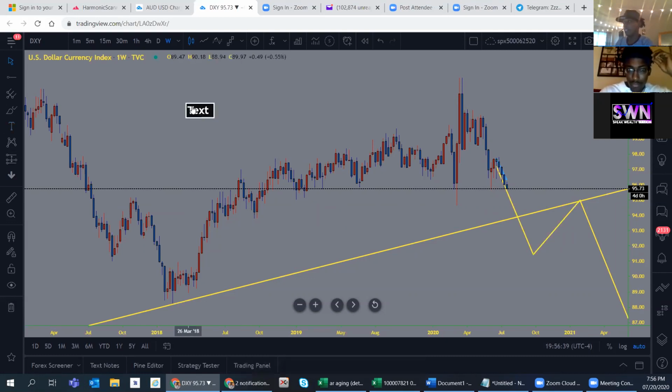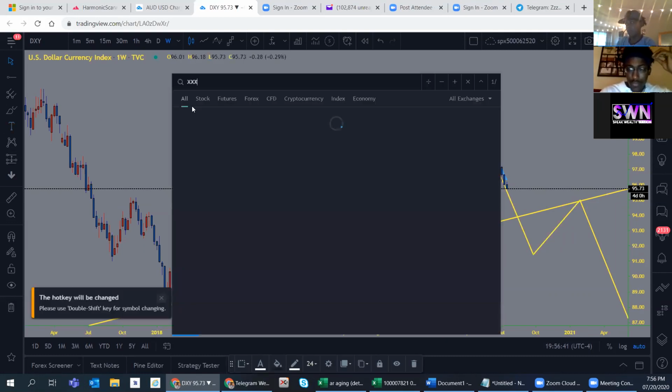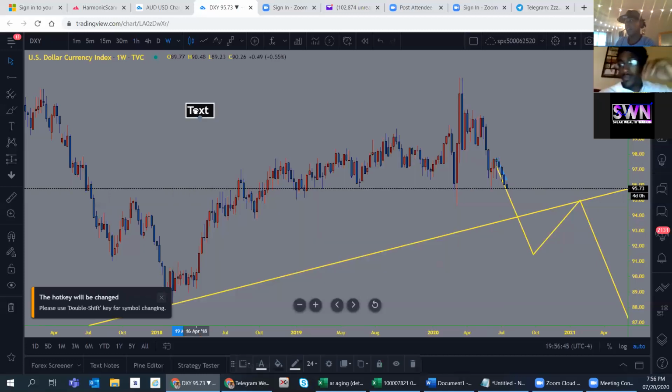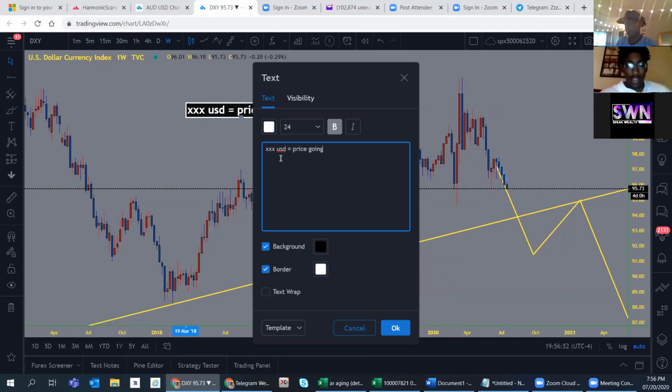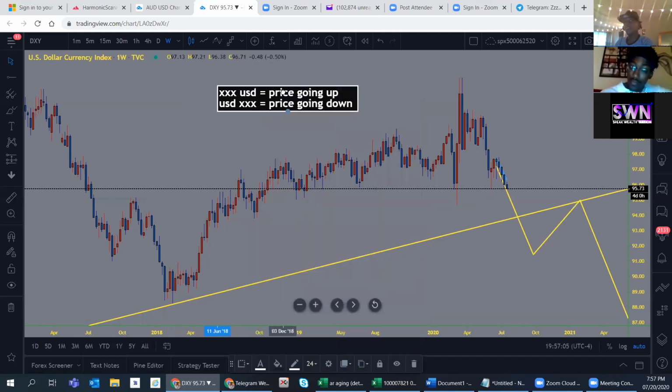because anything... Sorry about that. So this is a cheat tool: the dollar is going down, and anything that has USD on the end should be going up.